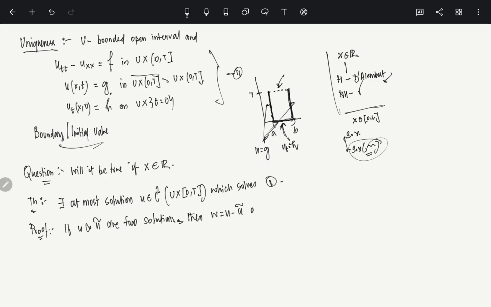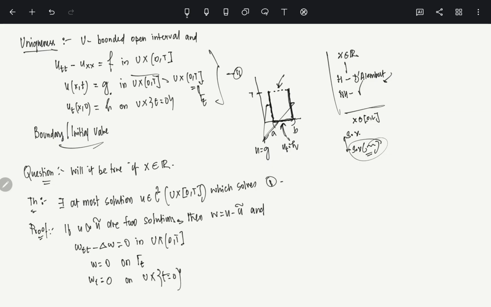And what do you have? We have w_tt minus the Laplacian of w equals 0 in Ω × [0, T], w equals 0 on this set, let's call it Γ_T, and w_t is going to be 0 on Ω × {t = 0}.